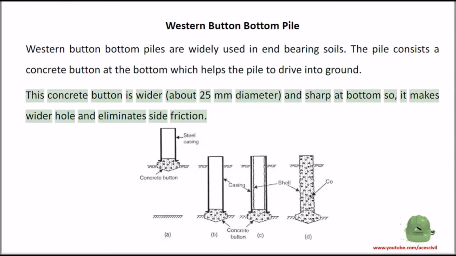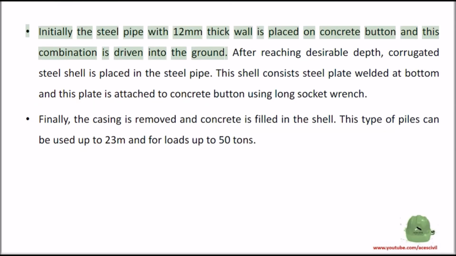This concrete button is wider, about 25 mm diameter, and sharp at bottom, so it makes wider hole and eliminates side friction. Initially, the steel pipe with 12 mm thick wall is placed on concrete button, and this combination is driven into the ground.